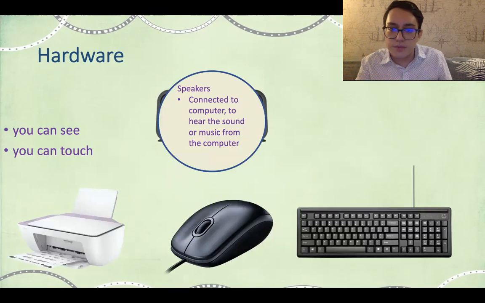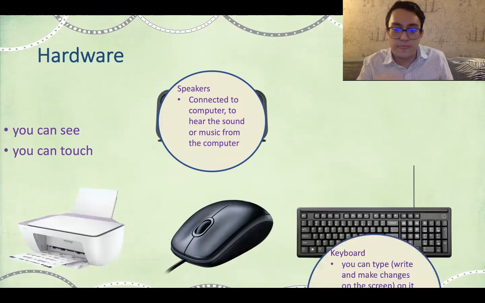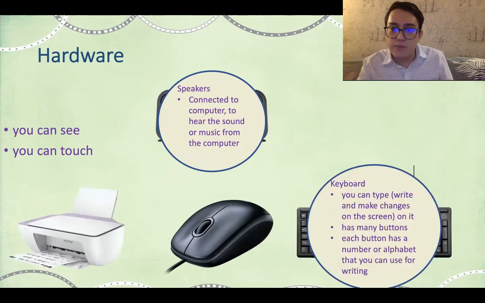So speakers connect to the computer and make you hear the sound or music from the computer. Next is the keyboard. You can type and write and make changes on the screen. It has many buttons.